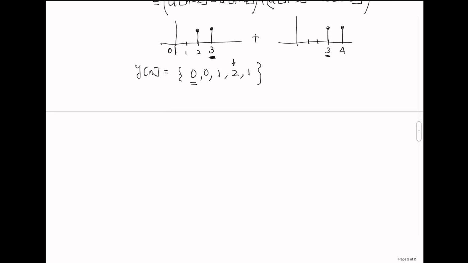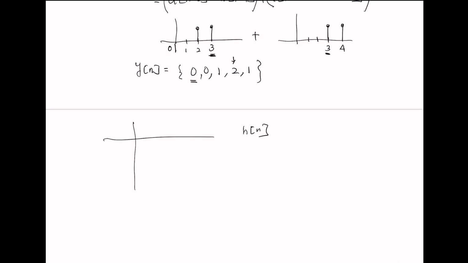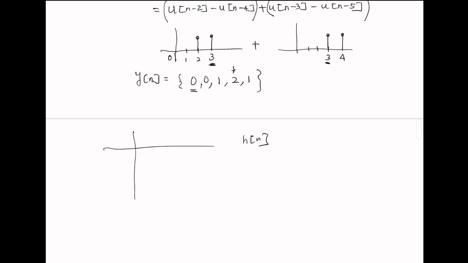And if you want to use the tabular method, we're going to have h of n, and h of n, we have 1 and 2, so we have 0, 1, 1, okay, so this is 0, 1, 2, and the same thing is going to happen, 0, 1, 2, with n along each axis.